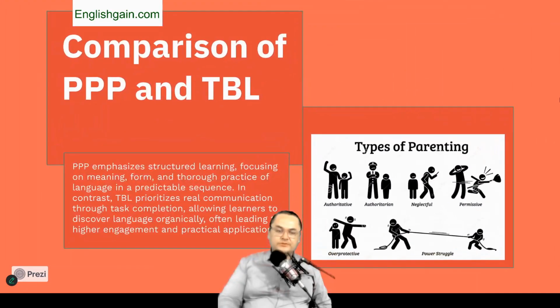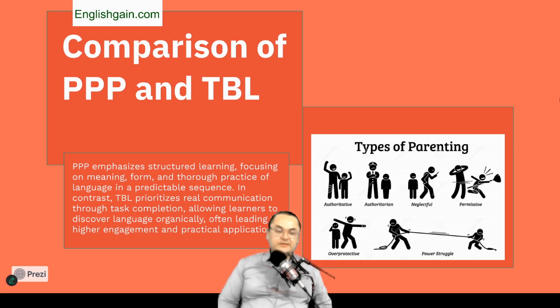Now we're going to talk about the comparisons between PPP and TBL. Presentation, practice, and production, PPP, emphasizes structured learning. It focuses on the meaning, the form, and thought practice of language in a predictable sequence.